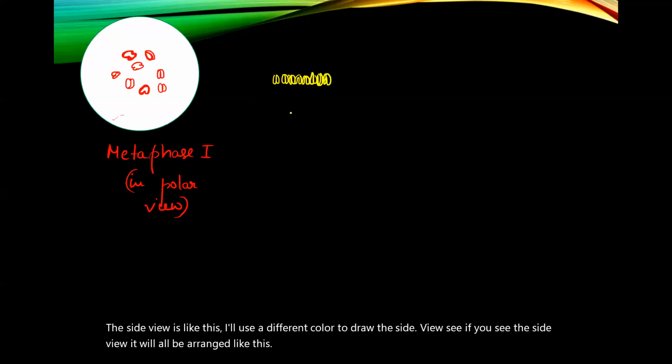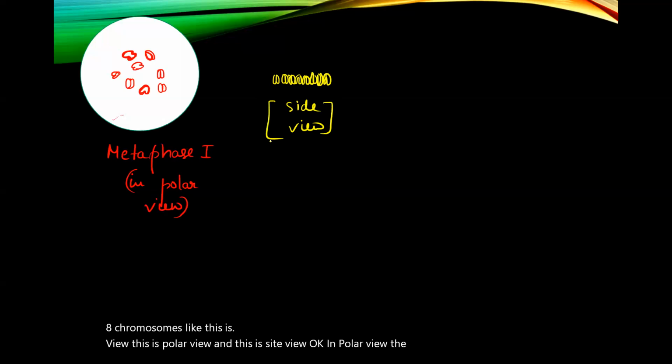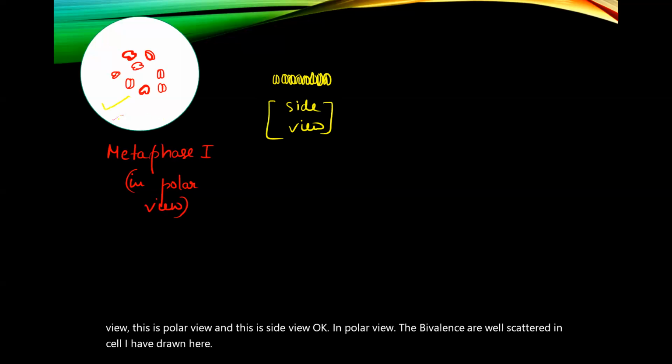See, 8 chromosomes like this. This is polar view, and this is side view. Okay, in polar view, the bivalents are well scattered in the cell, exactly like I have drawn here. But in side view, it appears like this. Okay. So this is Metaphase one.